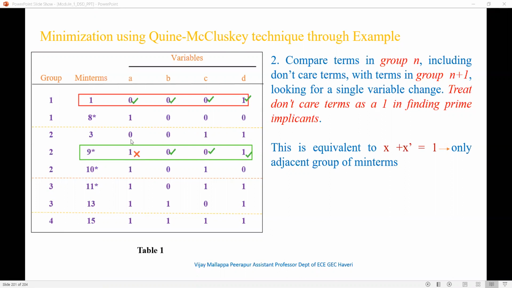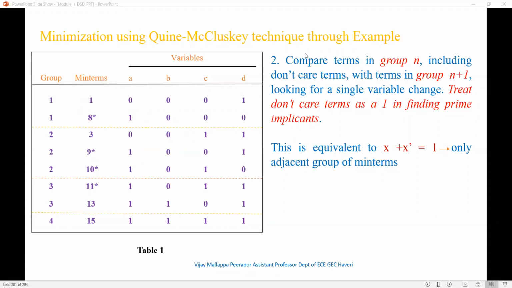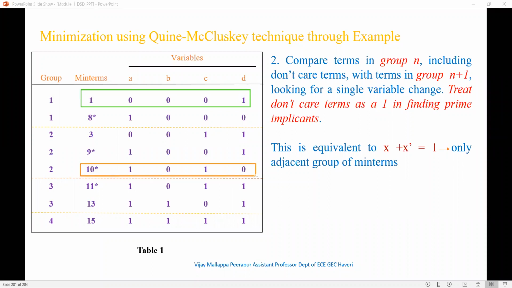Okay. Similarly, now compare 1 with 10. Now see whether there is any one variable change or not. As 1 we have it, right? It is 0, it is 1 here.